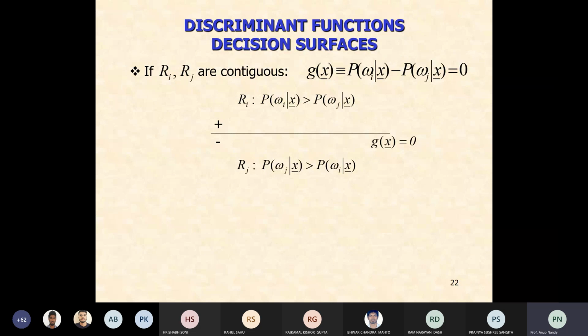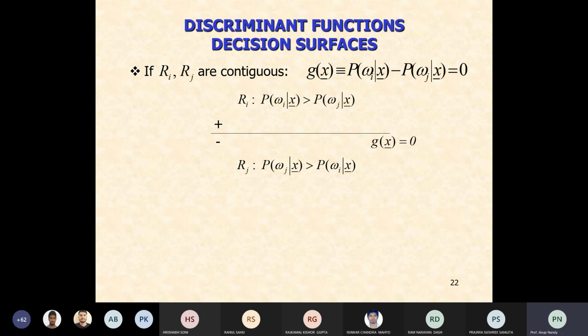Sometimes it may happen that instead of directly working with the probability or the risk functions, it is more convenient, if you understand the concept from a mathematical point of view, to work with an equivalent function of them.